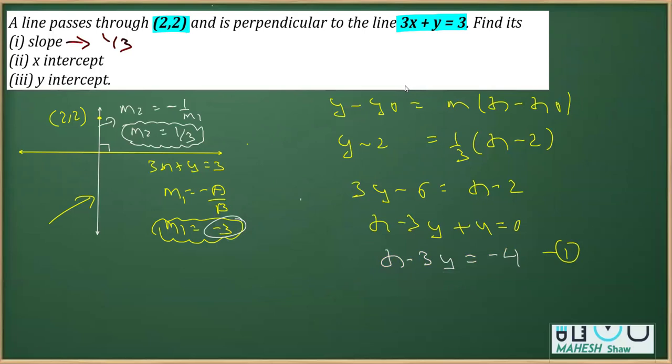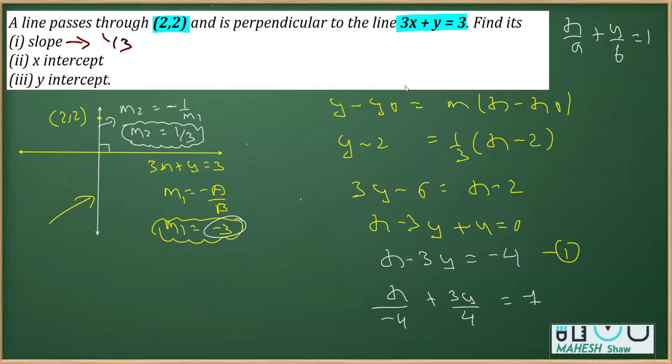To get the x and y intercepts, I'm going to reduce this equation to the form x/a + y/b = 1. So I'm going to divide this by -4 so as to get 1 over here. Dividing by -4 gives positive 3y/4, and dividing the constant by -4 gives 1.